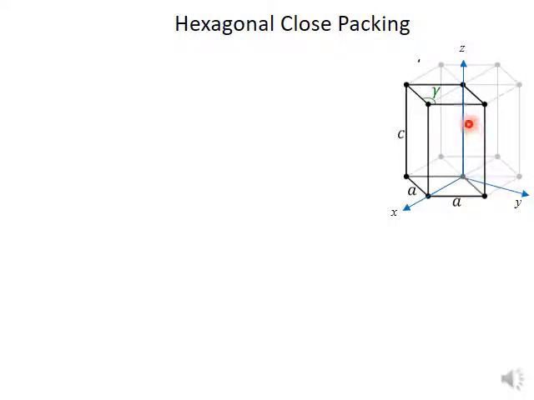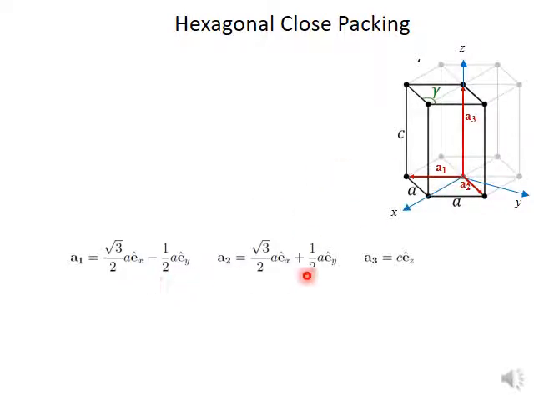These three, a1, a2, a3, represent your primitive lattice vectors for this unit cell, and you can describe them in terms of the X, Y, and Z coordinates like this. The magnitudes of a1 and a2 are exactly the same, but a3 has a different magnitude compared to the other two primitive unit vectors.